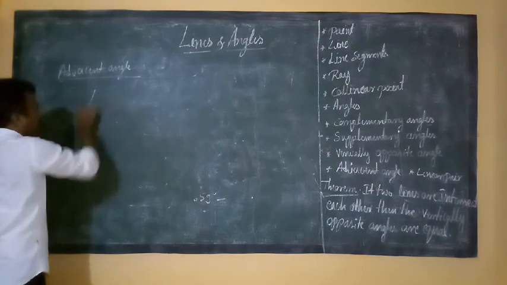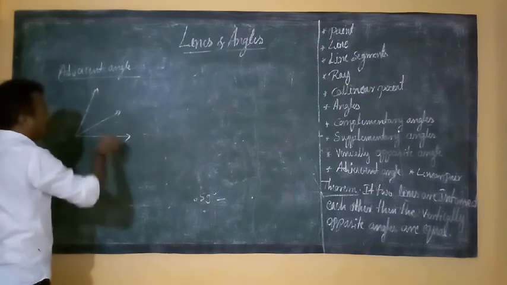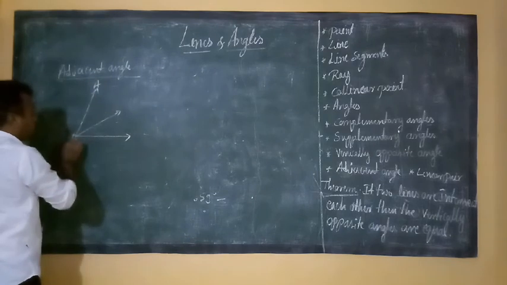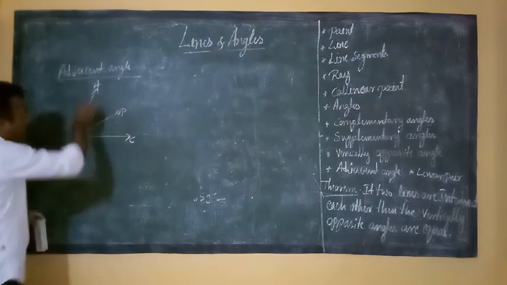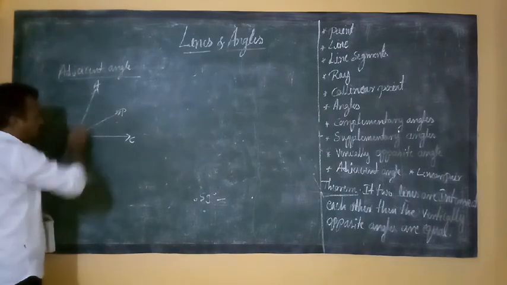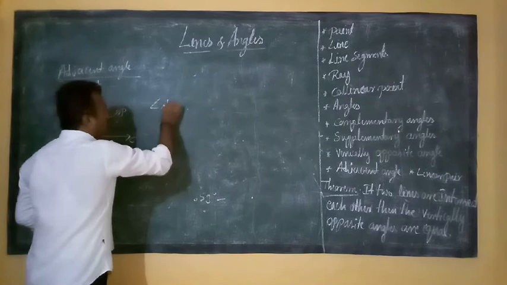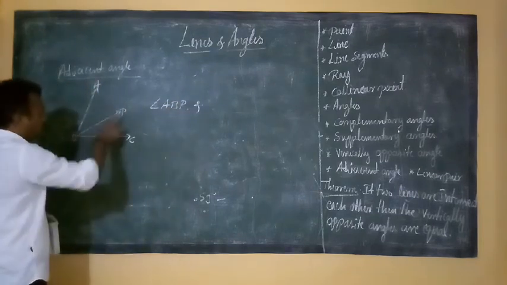See students, here A, B, C, and I will take P. Here two angles are there: angle ABP and another one, PBC.